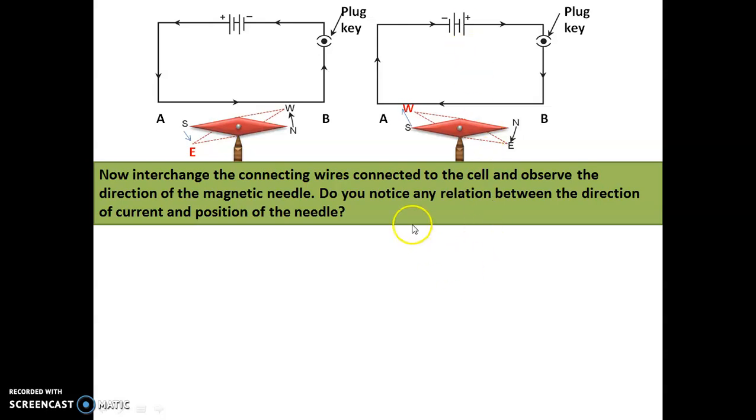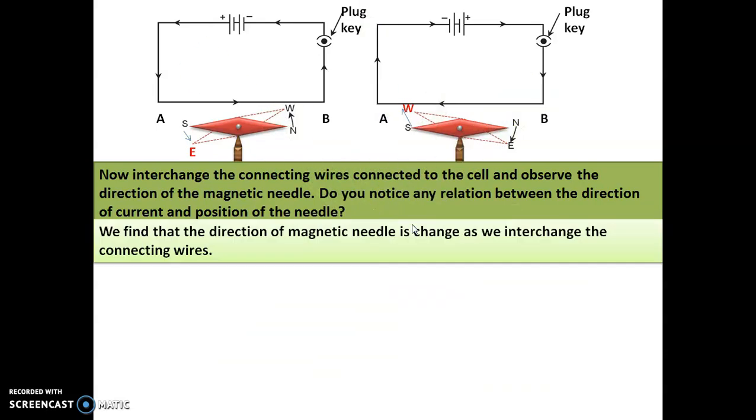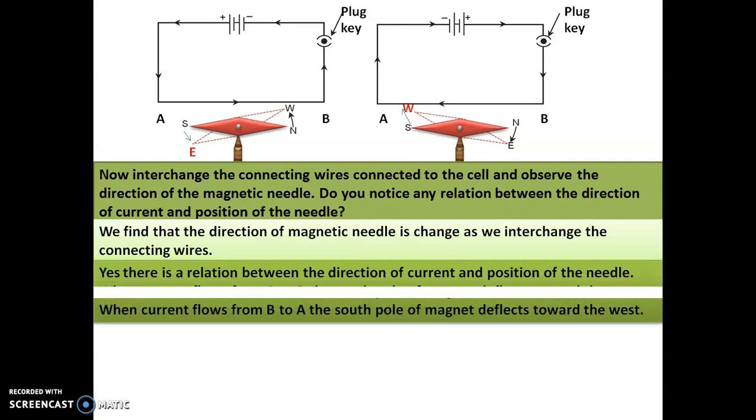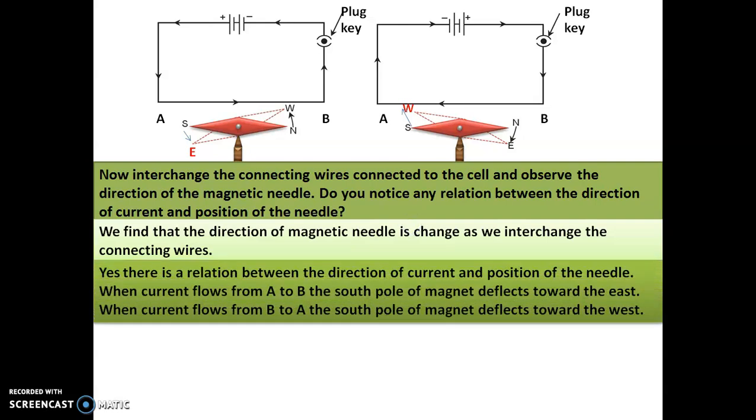Then, do you observe any difference? Of course. What is the difference? We find that the direction of the magnetic needle is changed as we interchange the connecting wires. And how is the direction changed? When current flows from A to B, the south pole of the magnet deflects towards east.